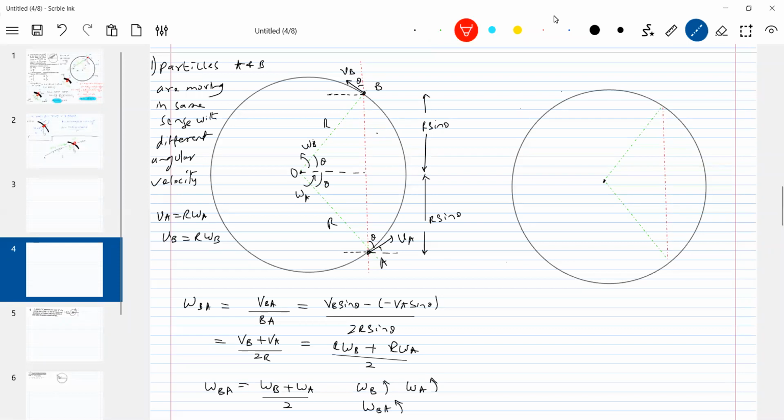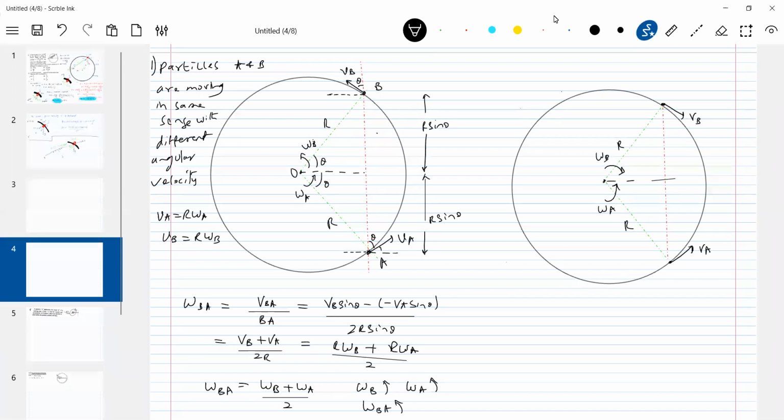Now they are moving in the opposite sense, the particles. This will be VB. This will be VA. So this is again R. These are how omega B and omega A will be, like this. What about omega B?